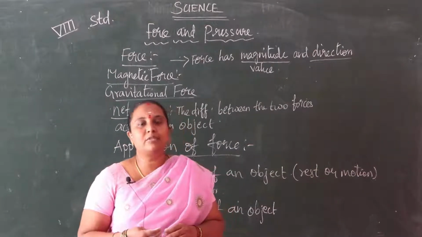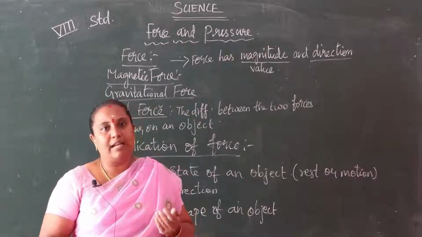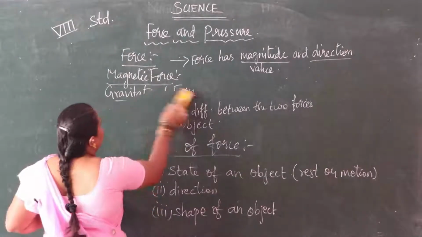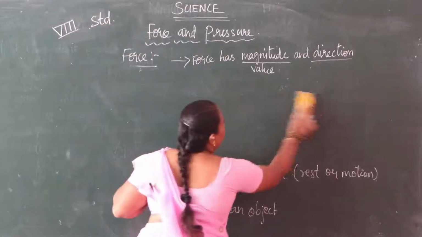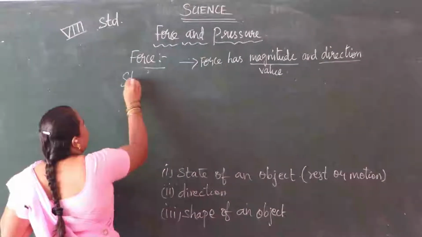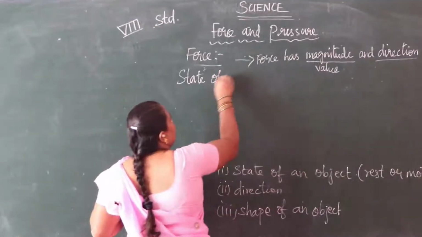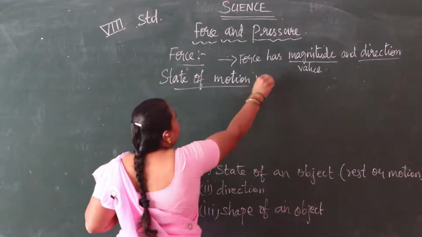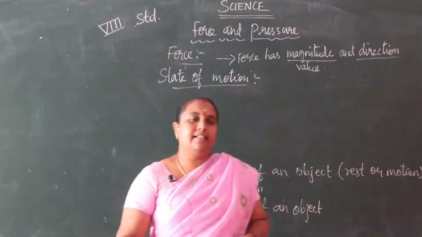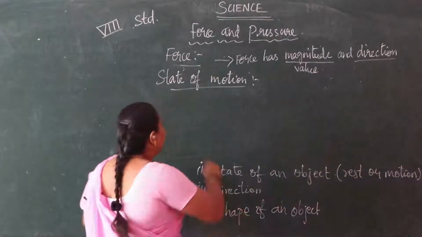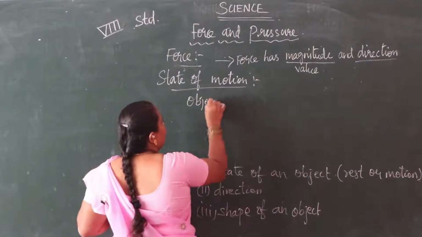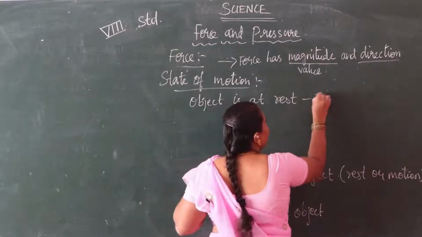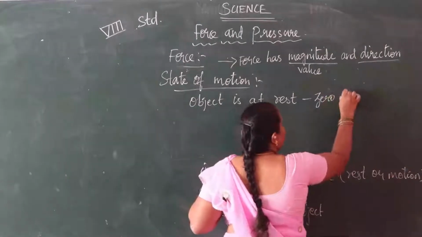We are talking about the state of motion: an object at rest means zero velocity.